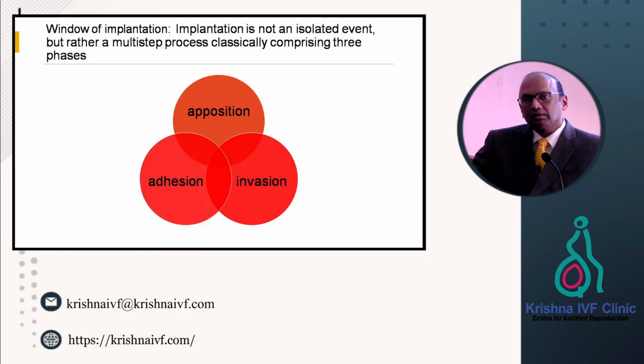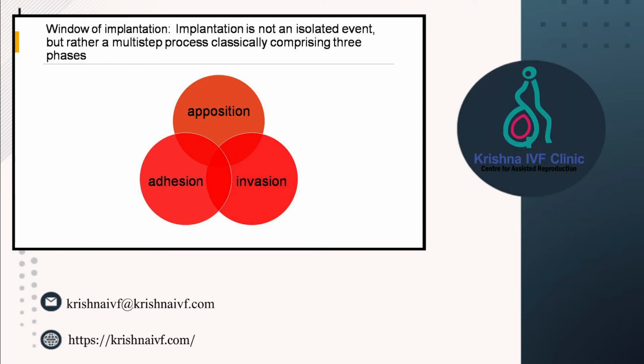When we look at embryo implantation, it boils down to three critical events: apposition, adhesion, and invasion. The apposition part is an unstable part wherein uterine and endometrial contractility will alter the implantation rate.